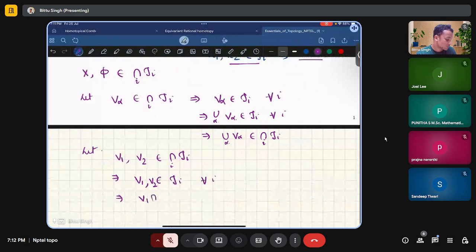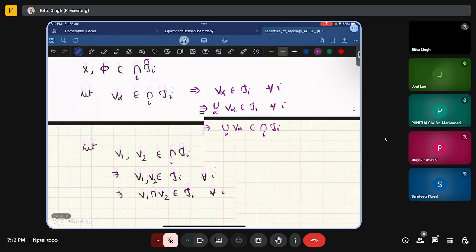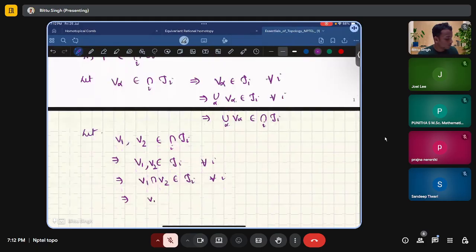Therefore, V1 intersection V2 belongs to tau i, and this is true for all i, right? Therefore, V1 intersection V2 belongs to the intersection, right?